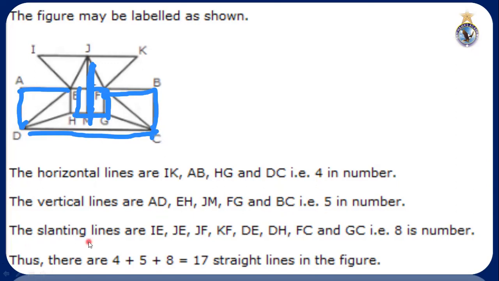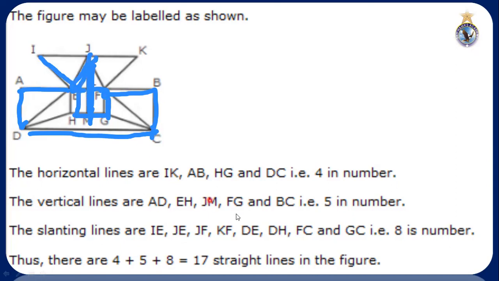The slanting lines. Now we are looking for the slanting, tilted lines. So the slanting lines are IE. I, this one is a slanting line. So you can mark that IE. Good. Then JE, where is JE? So this is JE.